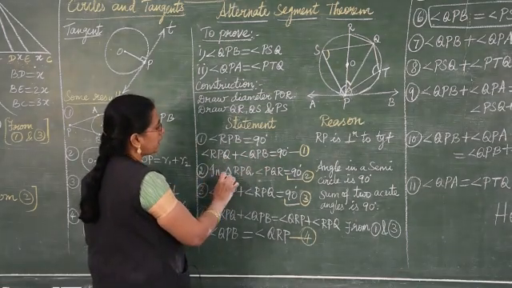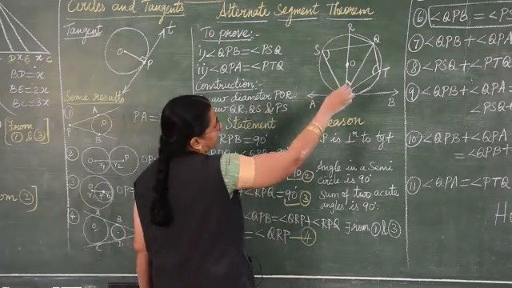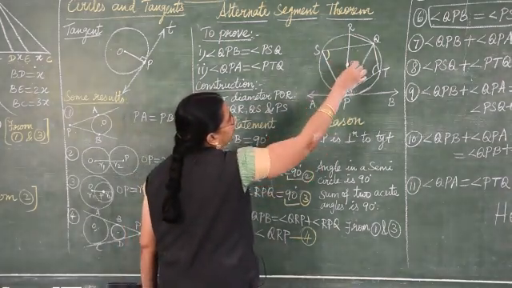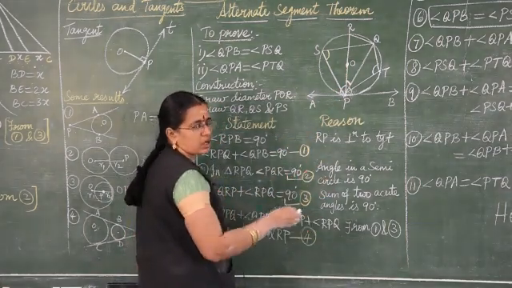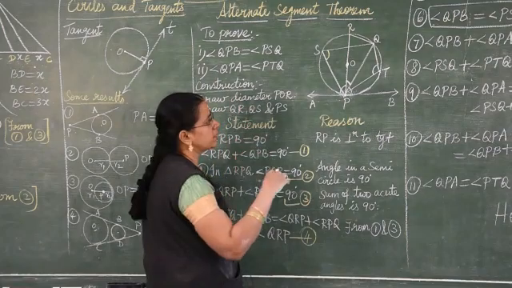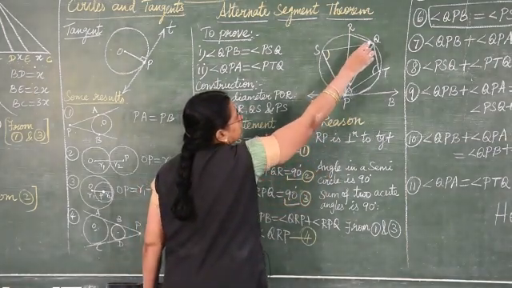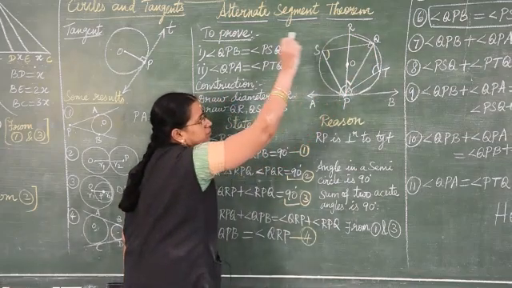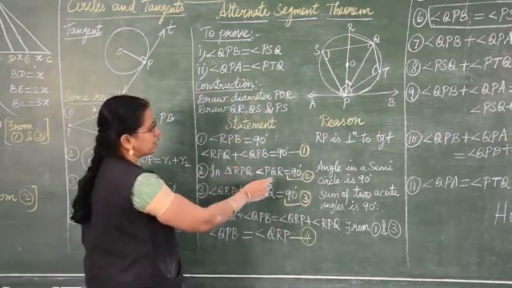Now, if you take triangle RPQ, the angle in a semicircle, already you have learned in the 9th standard, the angle in a semicircle is 90 degrees. So angle PQR is 90 degrees.